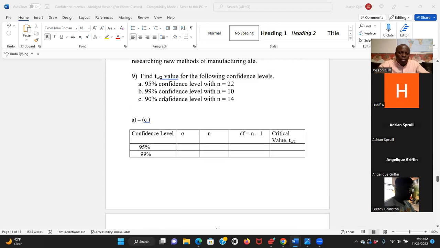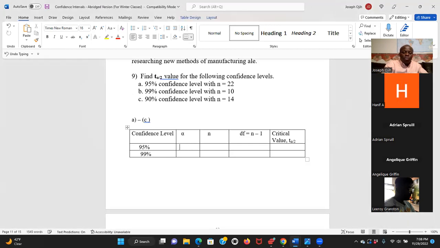So what are you going to do now? Let's start with the first one, 95% confidence level. If it is 95%, that means the chance of being wrong is 5%, and 5% is 0.05. So you put 0.05, and the sample size is 22.